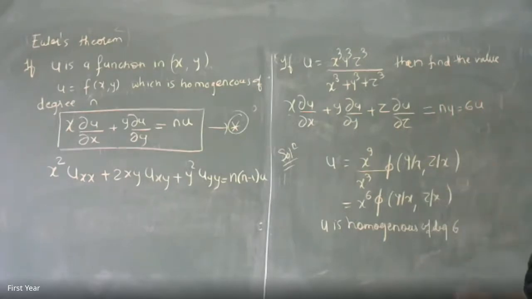If you want, we can write down the expression for u. So the answer will be 6 into x cube y cube z cube upon x cube plus y cube plus z cube. Clear? Everyone?